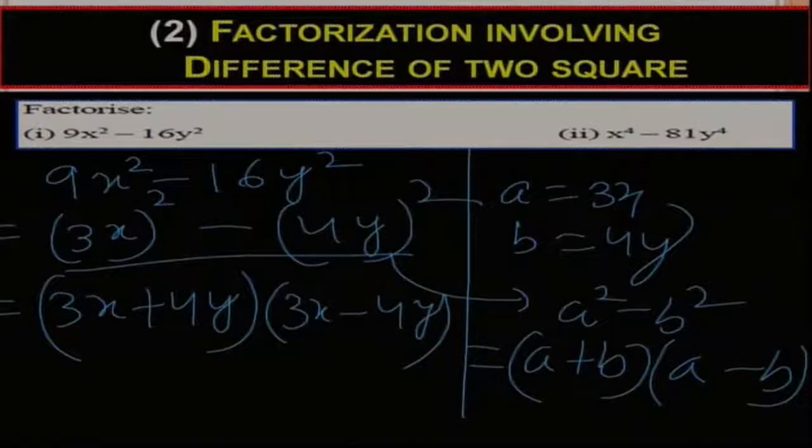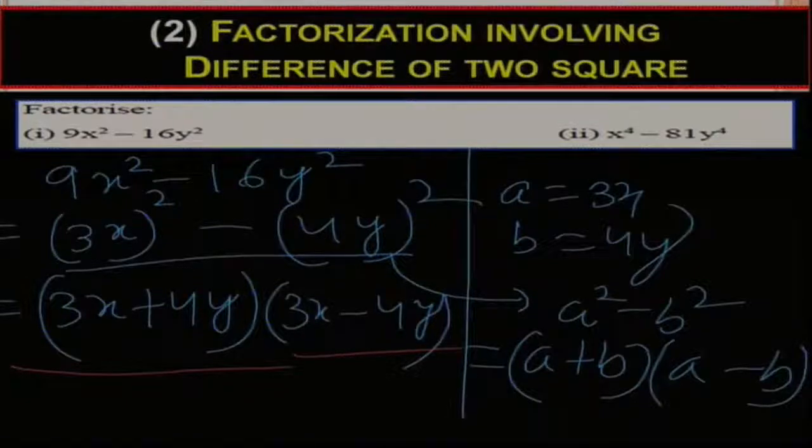So we find two factors. One factor is 3x plus 4y, another factor is 3x minus 4y. When we multiply these, you will get 9x square minus 16y square. This technique is known as factorization involving difference of two squares.